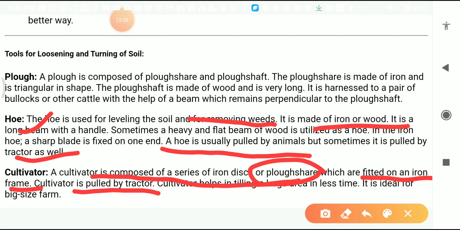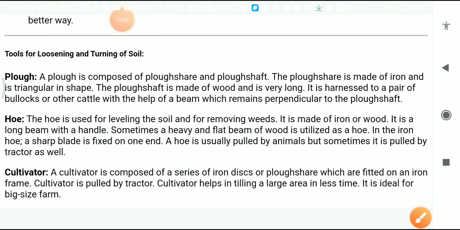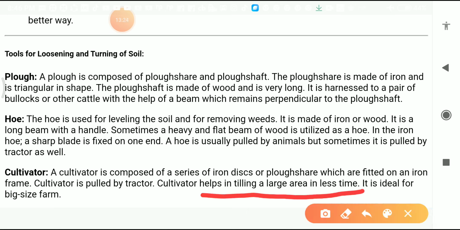Nowadays people use a tractor for plowing, and it can save time also. That's why the function of the cultivator is that it helps in tilling a large area in less time. Nowadays this cultivator is used in the field.